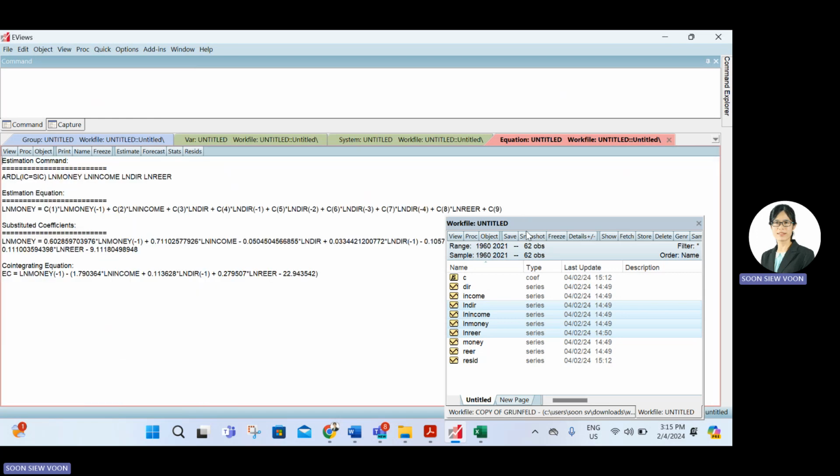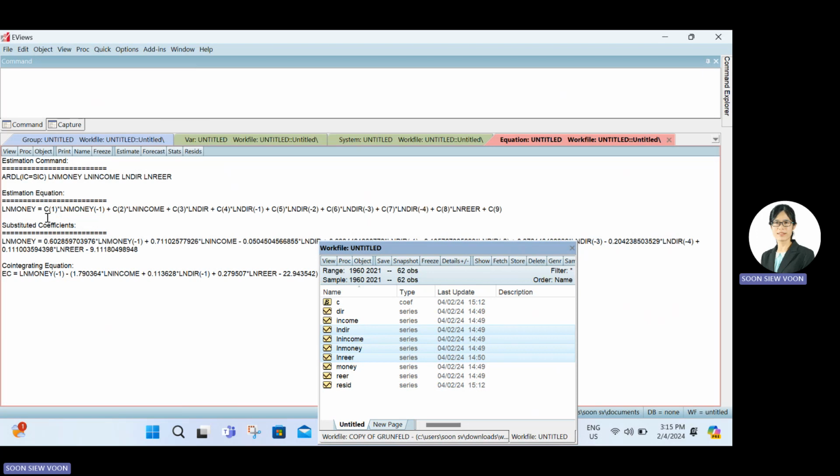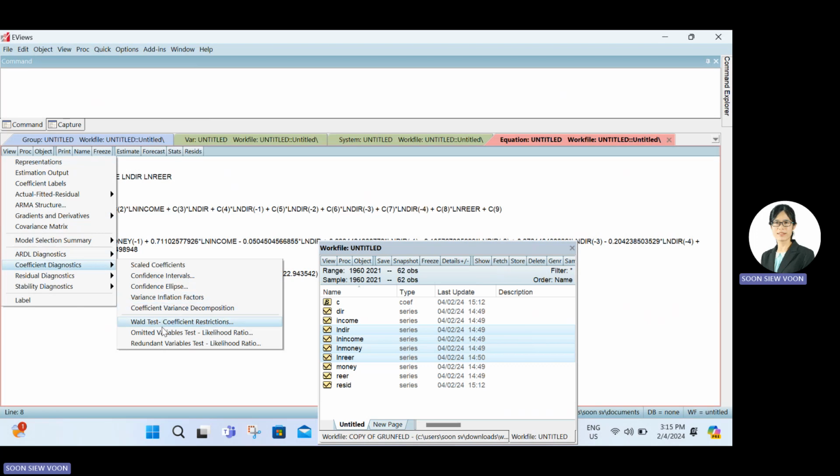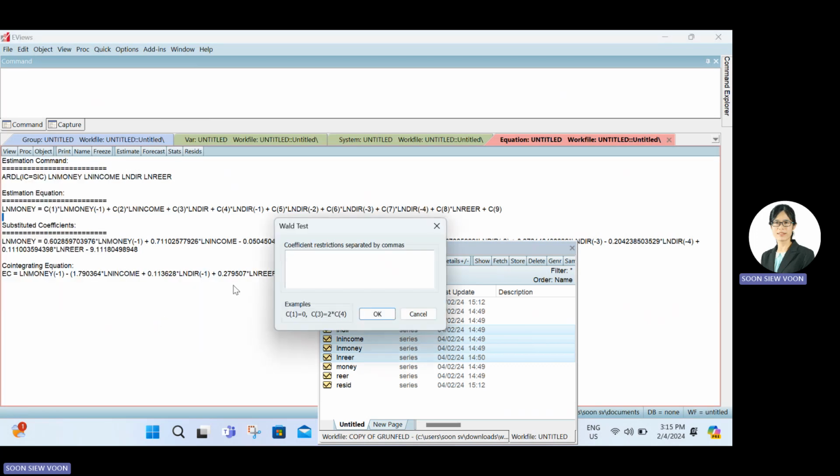Go to the representation and refer to the coefficients for the interest rate. Yeah, from C3 up to C7. So go to view, coefficient diagnostics, and then coefficient restrictions. C3 equals to C4 equals to C5 equals to C6 equals to C7 equals to 0.